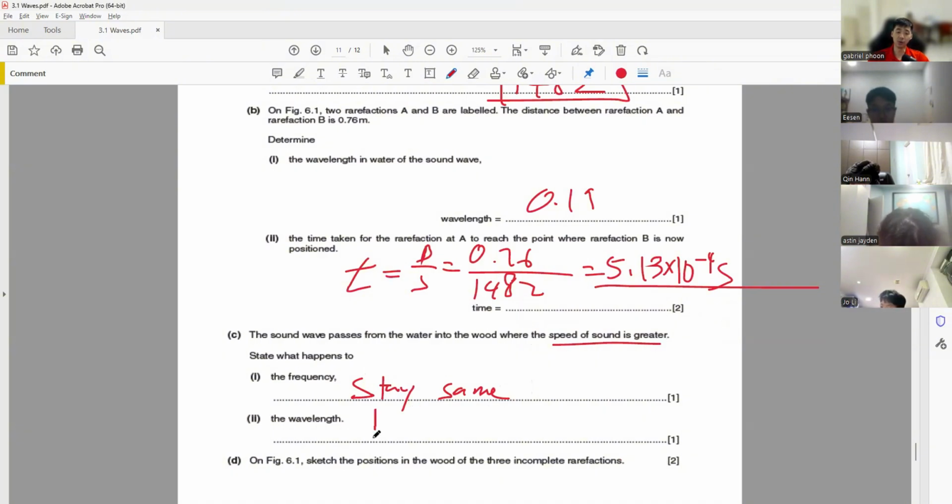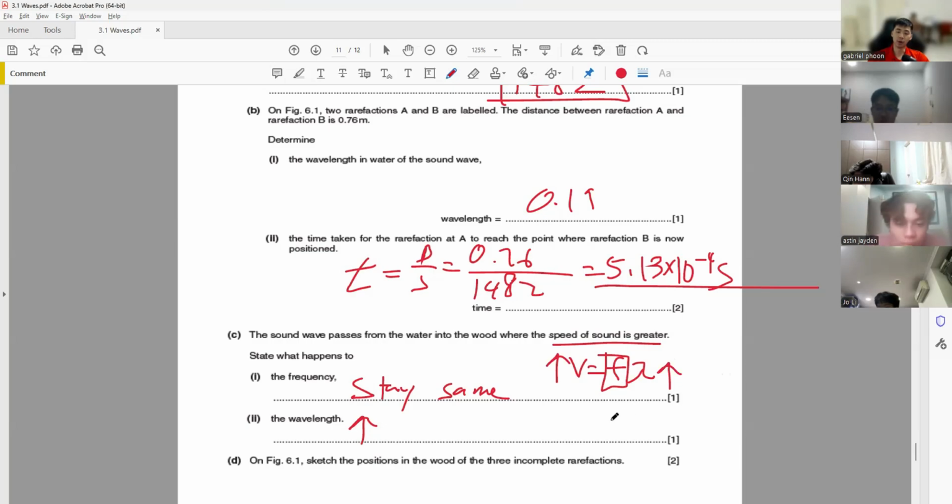Decreases. How come? Then does it increase? Okay, it does increase, but how come? Because speed is greater, so the distance is also going to be greater. Not exactly wrong, but you're actually supposed to relate to v equals f lambda, my friends. If this stays the same and this increases, this thing for sure increases, right?